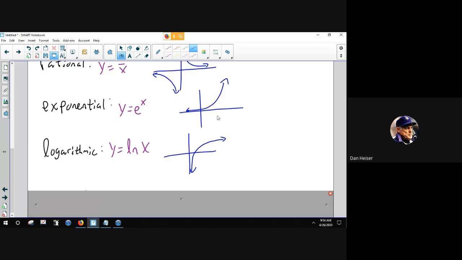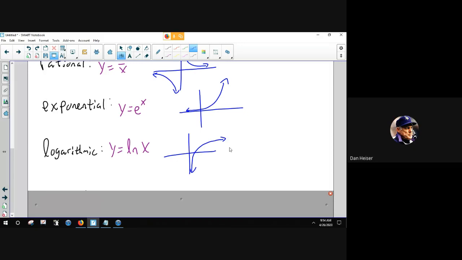Notice that because e to the x grows really, really fast, natural log grows really, really slow. Very slow. It's one of the slowest growing functions in existence.